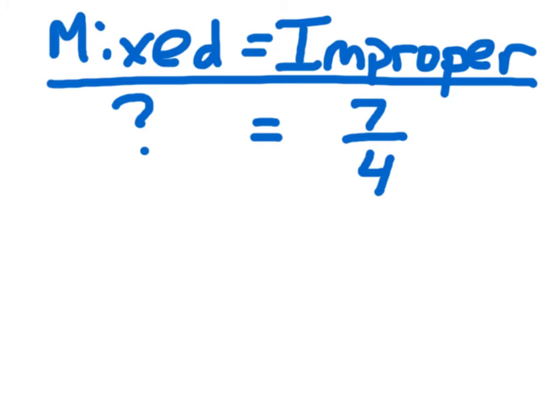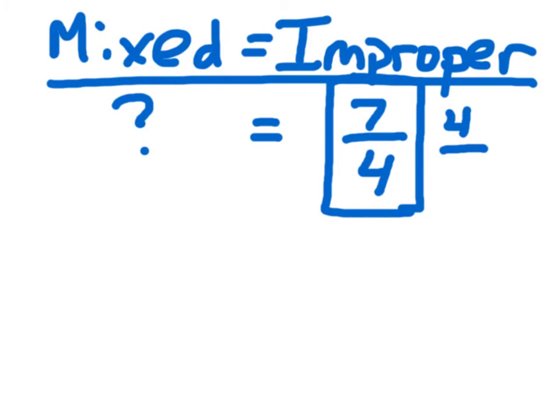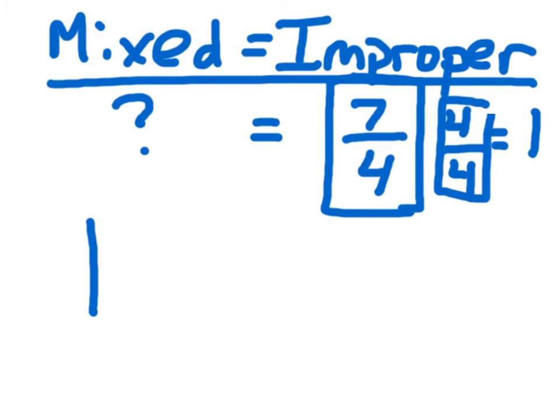What you need to do first is wrap your head around what would make a whole piece here. So 7 out of 4, what fraction equals 1 whole piece? Well, we know that 4 out of 4 is equal to 1 whole. So if we were making a mixed fraction, we can put 1 whole over here because 4 out of 4 equals 1 whole. So now we subtract 4 away from this because we took it away, see right here.